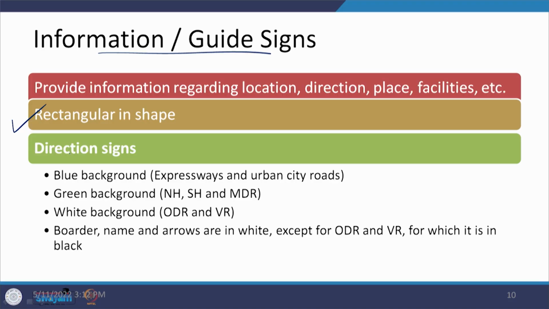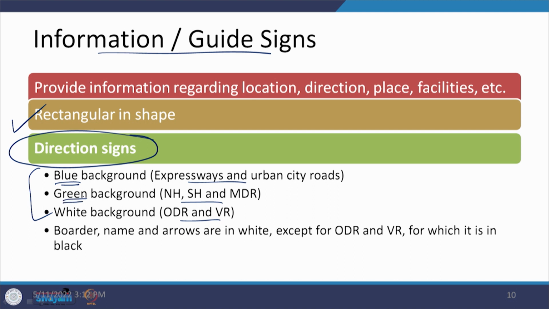Now, in the case of direction signs, what you find is that different colors are used to define the different types of roads or the functional values of those particular roads. For the expressways and the urban city roads, the blue background is used. In the case of national highways, state highways and the major district roads, the green background is used.